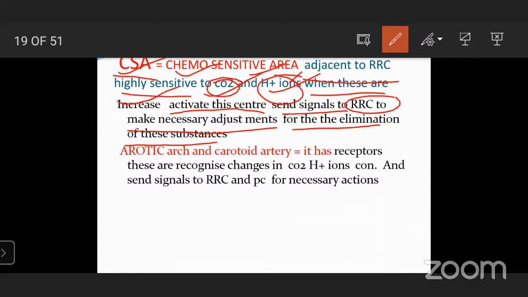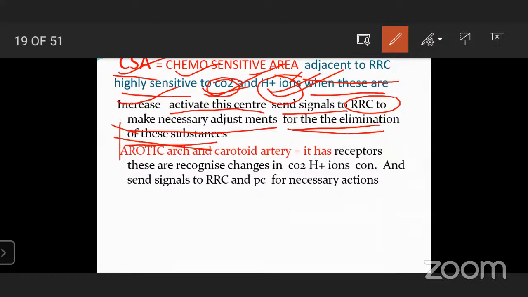When the carbon dioxide and hydrogen ion percentage is high in the blood, the CSA is activated and sends a signal to the RRC. The RRC takes responsibility for the necessary adjustment for the elimination of these substances.